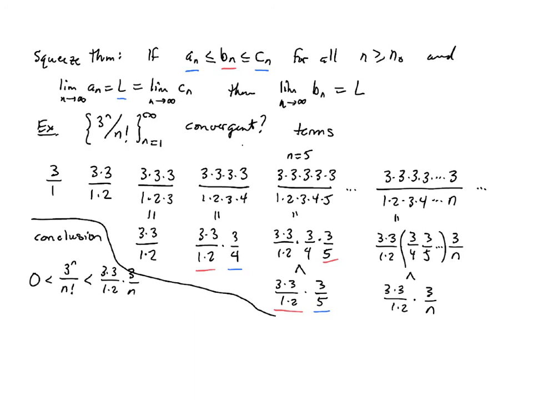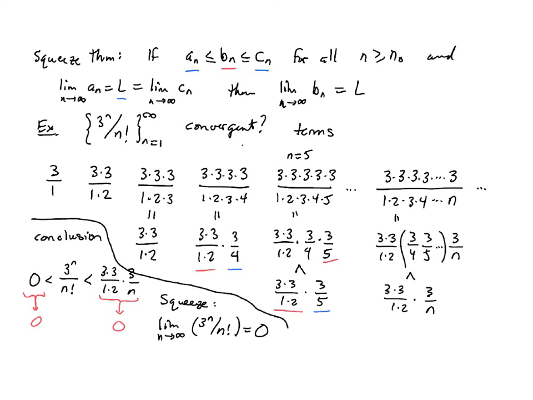And the key with this sequence is that it converges to 0, because I have a constant out front, that's 9/2, and I have 3 over n, which as n gets larger and larger, dividing by n gives me something closer and closer to 0. The limit of this constant sequence is also 0, so the squeeze theorem tells me that the limit as n goes to infinity of that sequence that I started with, 3 to the n over n factorial, is 0 as well.